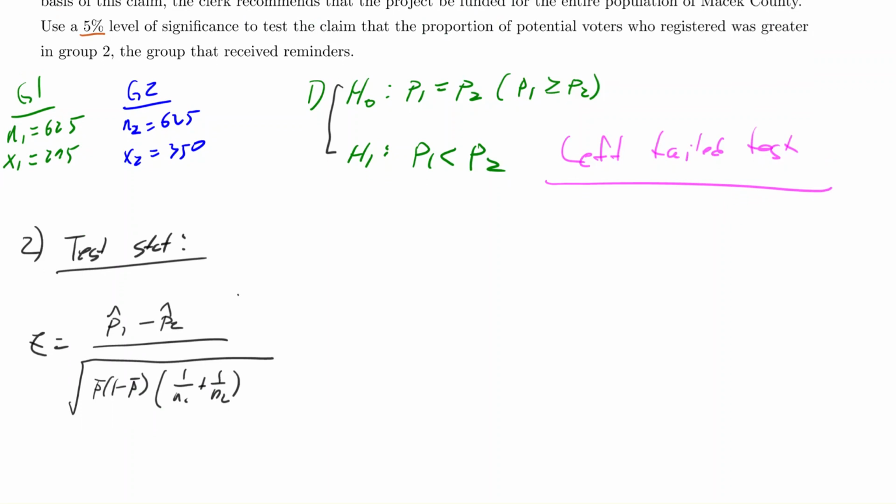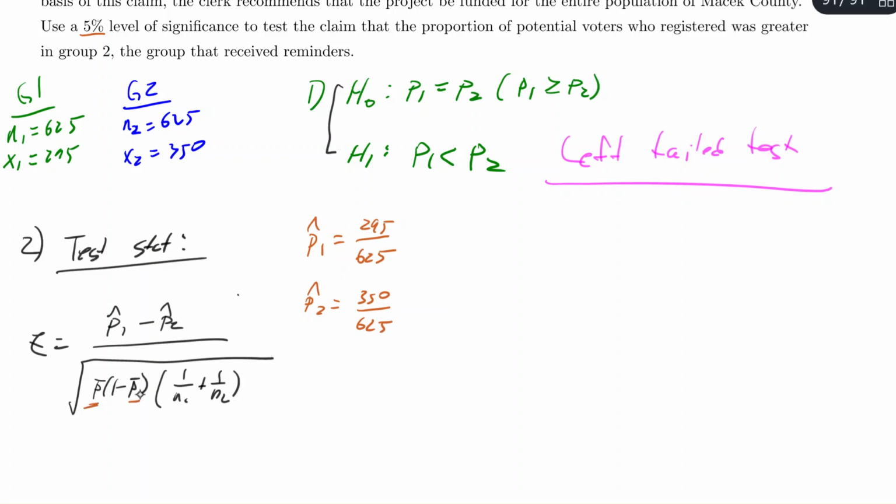Okay. So before we plug in these numbers, let's find each of these values first. Okay. So make sure to keep it well organized. Well, p hat 1 is the sample proportion from the first group, which is 295 over 625. P hat 2 is 350 out of 625. Right?